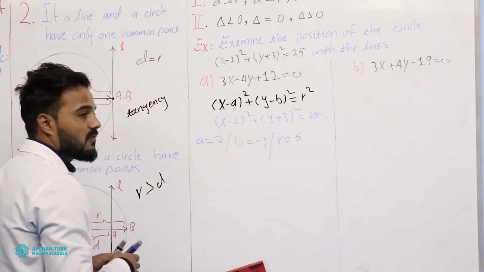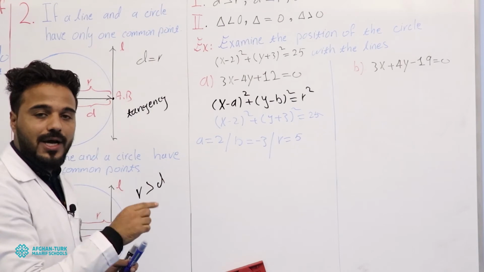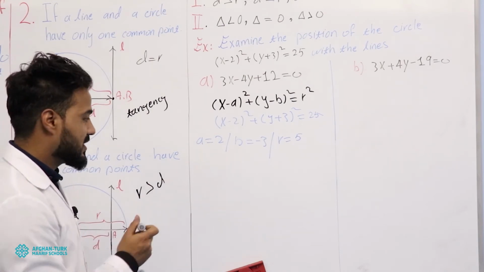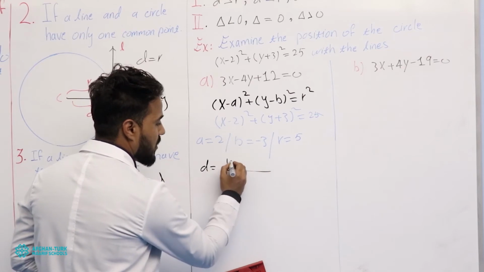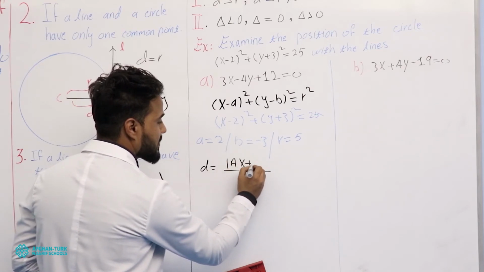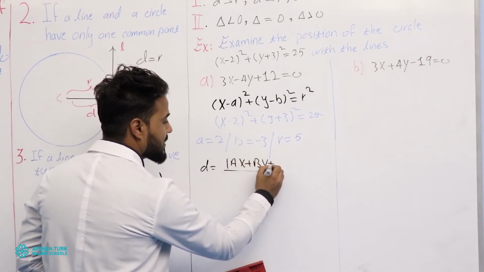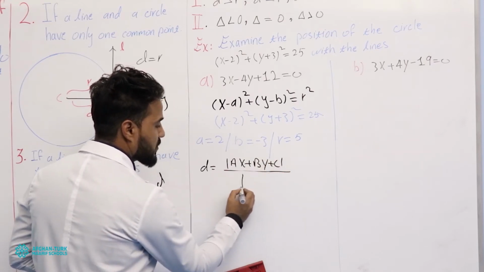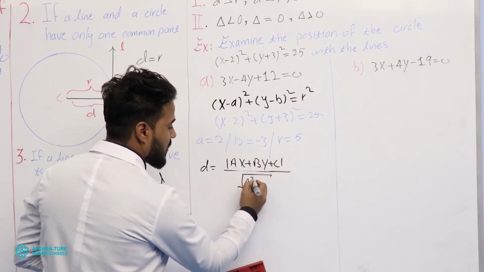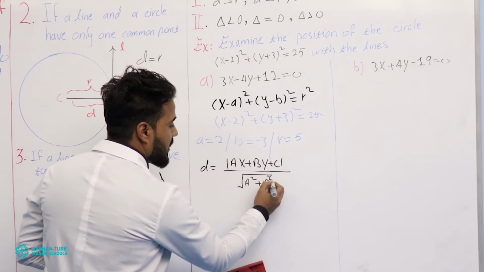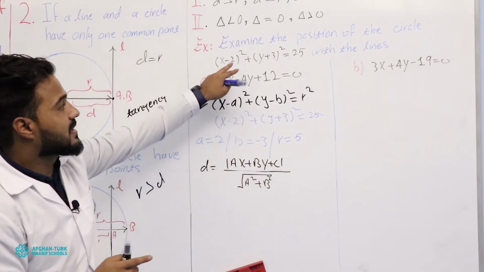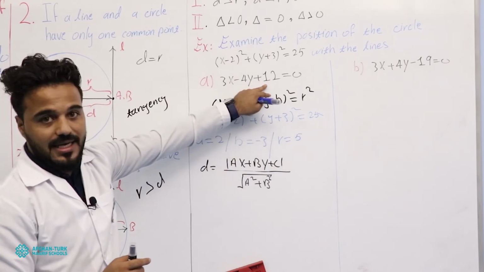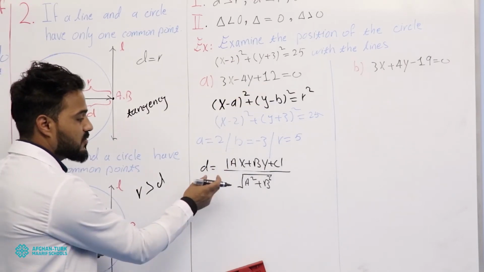So now, for finding the distance between a point and a line, we have a formula which is like this. D is equal to the absolute value of ax plus by plus c over the square root of a square plus b square. So now I am going to find the distance between the center of this circle and this line. We can use this formula.